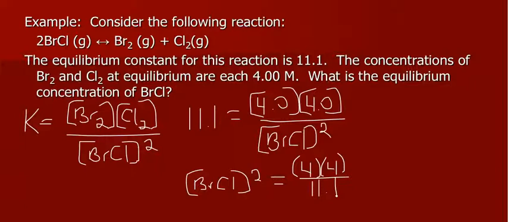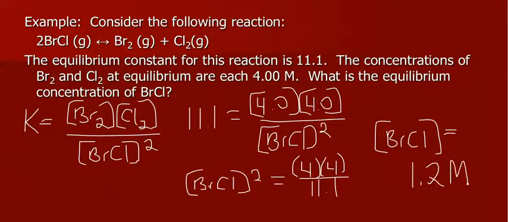Rearranging that equation, so the concentration of BrCl is equal to the square root of 16 divided by 11.1, 1.2 molar is the concentration of BrCl. So we solve for K, the equilibrium constant.